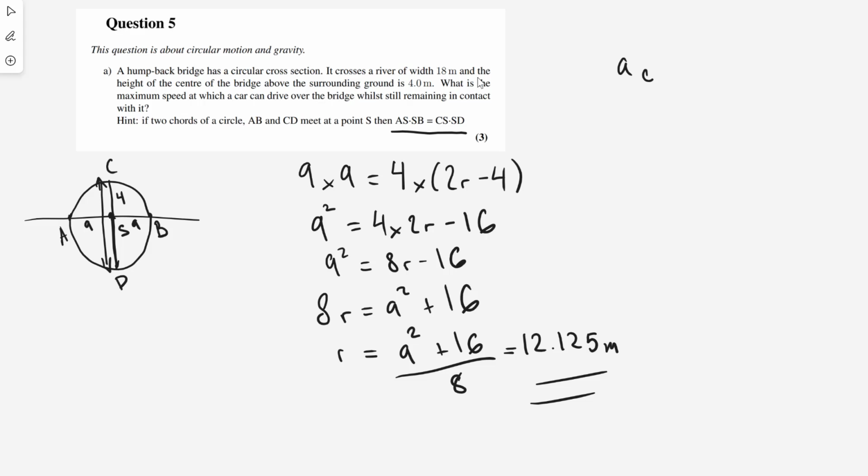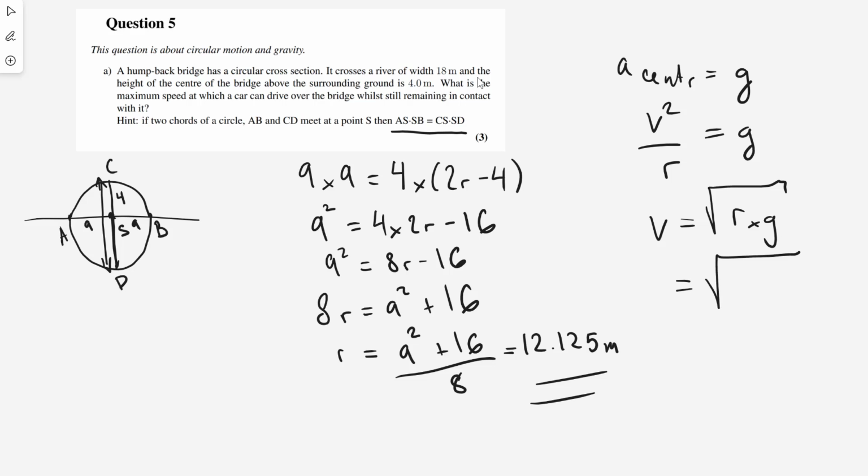So a centripetal will have to equal g, and our formula for centripetal acceleration is v squared over r, which will be equal to g, which means that v will be equal to the square root of r times g, which is the square root of 12.125 times 9.81.